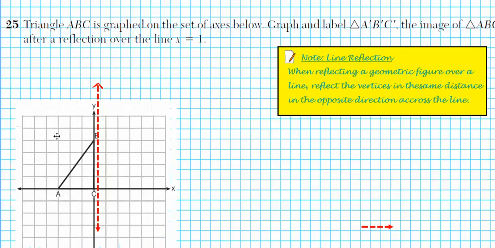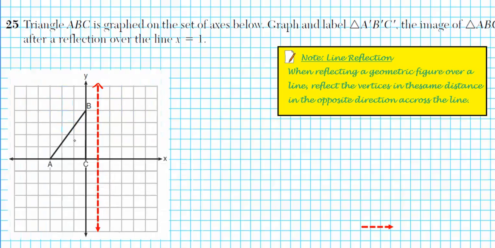So if this is our object right here, we're going to reflect it to the right, okay? So let the vertices be your guide here. This vertex B is 1 unit to the left of the line of reflection. So its image is going to be 1 unit to the right. That will be B prime.